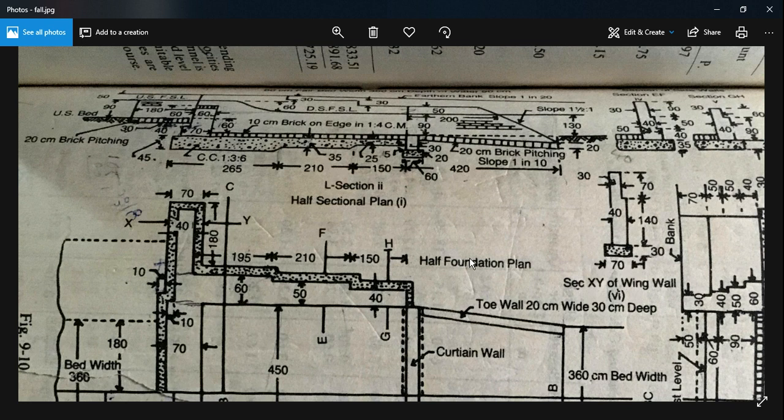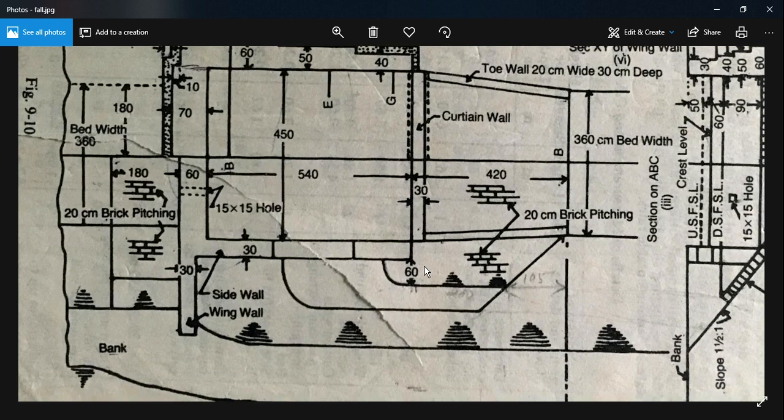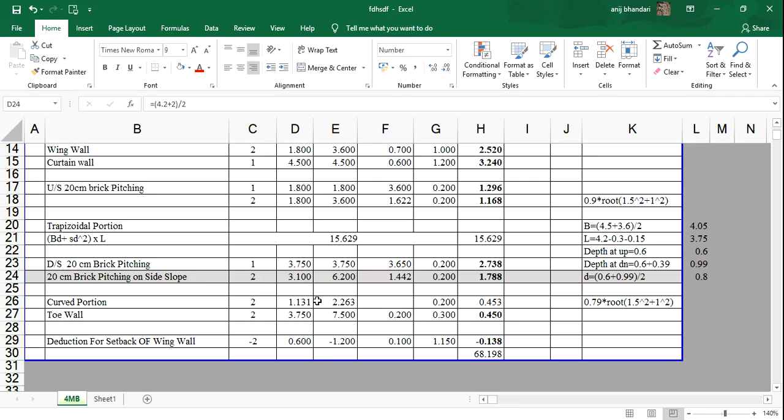So we need to take the average length to calculate the pitching here, because it's reducing. That is the average of 4.2 and 2, which gives 3.1, and because it's on both sides, multiplied by 2.